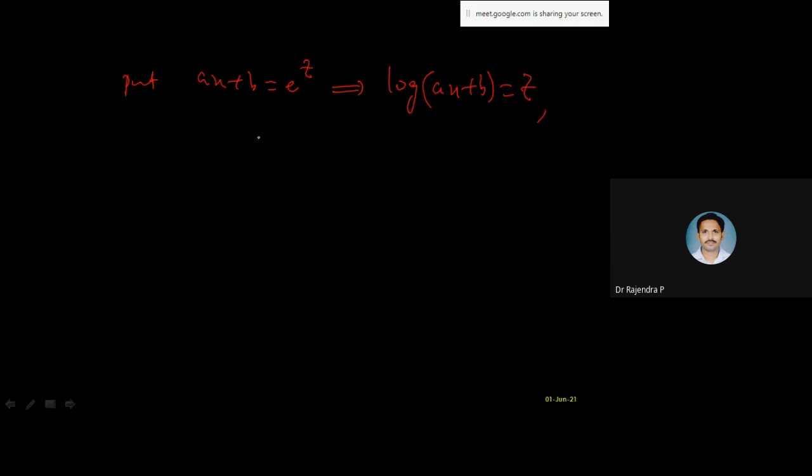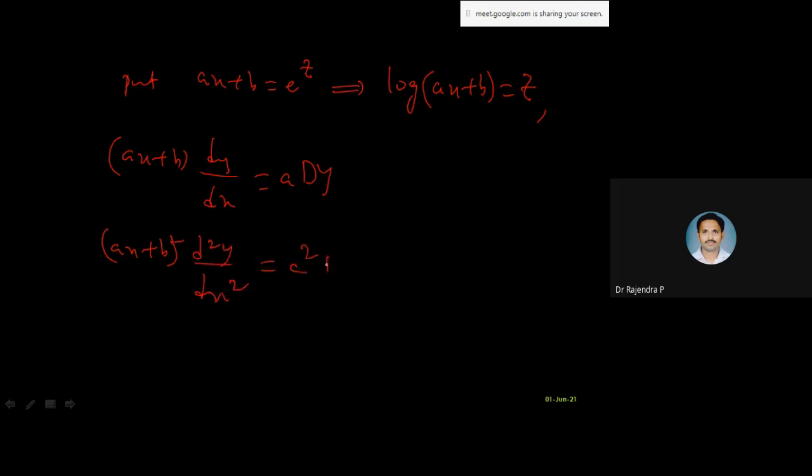If you substitute these, you will get ax plus b into dy by dx as a into Dy, ax plus b whole square d square y by dx square as a square into D into D minus 1 into y. It will continue, but the maximum we will get is second order.